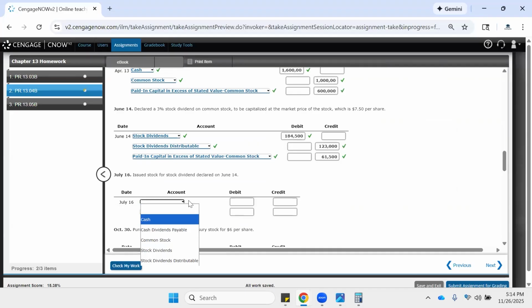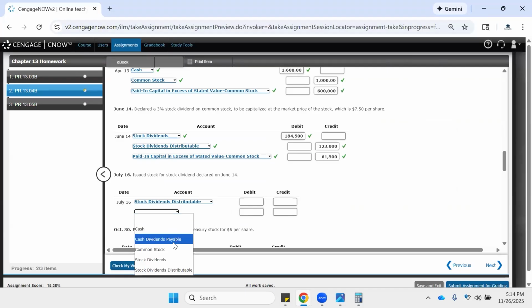The next transaction, we actually issue the stock, and so we need to debit stock dividends distributable, which is similar to a dividends payable, except it's stock dividends. And because it's not cash, it's not payable, it's distributable. We just haven't distributed the stock yet.